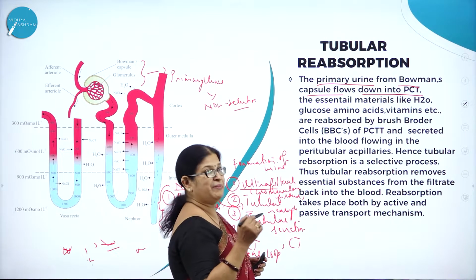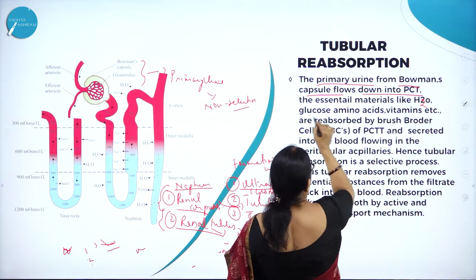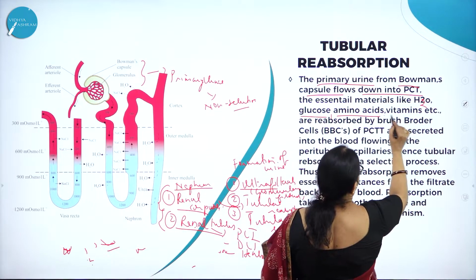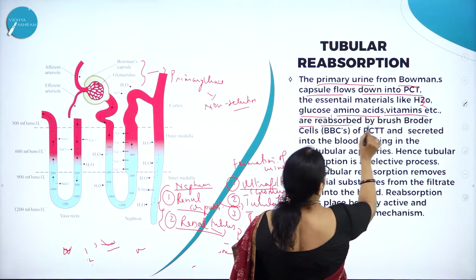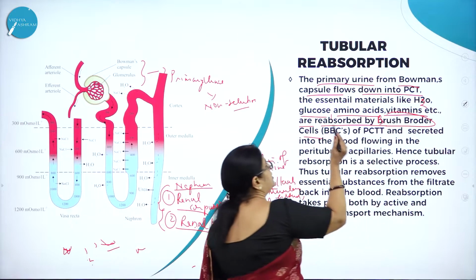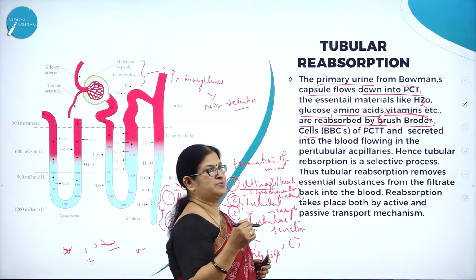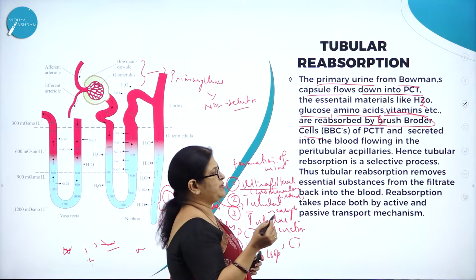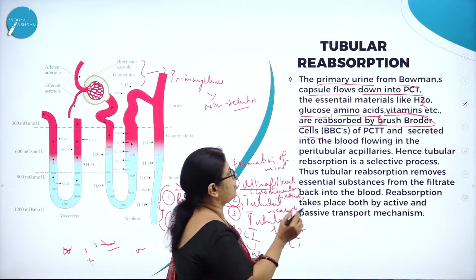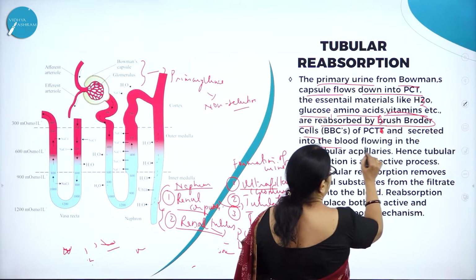The essential materials like water, glucose, amino acids, vitamins, etc. are reabsorbed by the brush border cells of the PCT.